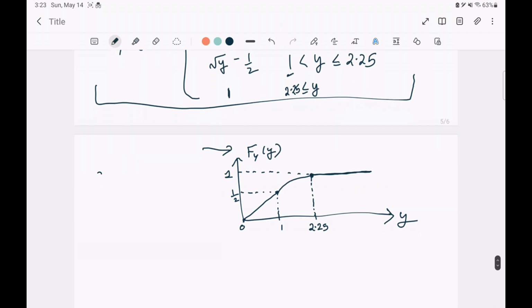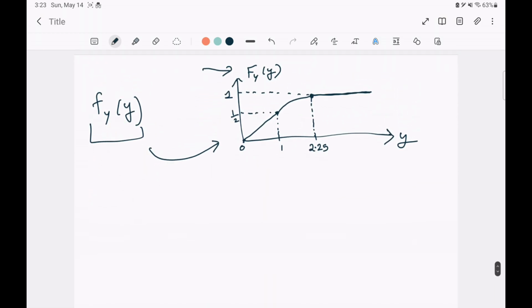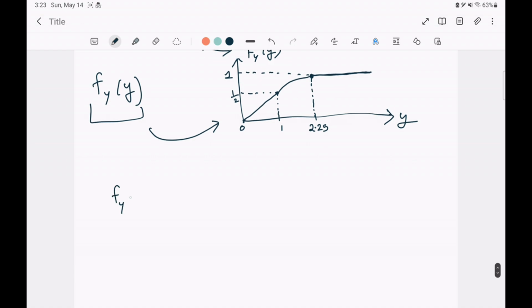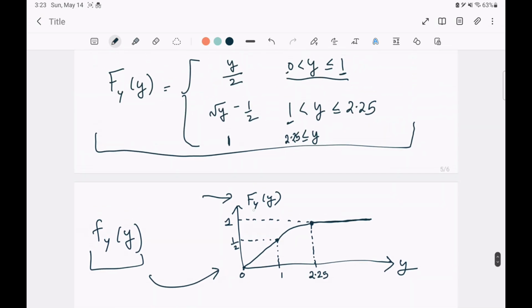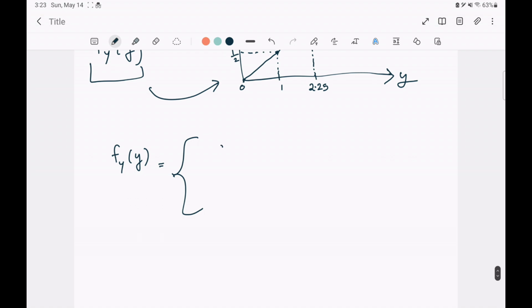Now, in order to find the probability density function of our random variable y, we just need to differentiate this. For the values where y is between 0 and 1, it's the differential of y by 2 with respect to y.